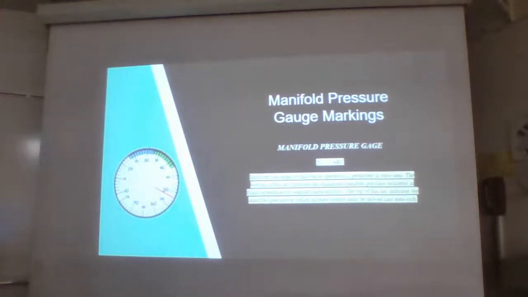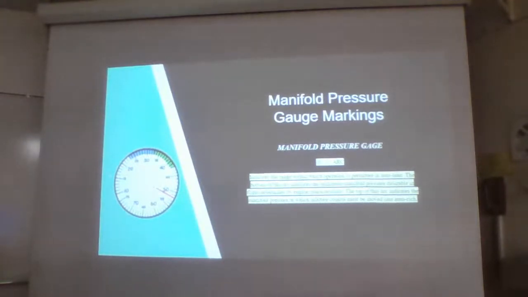The blue means the range within which operation is permitted in auto lean. The bottom of this arc indicates the minimum manifold pressure desirable in flight, determined by engine characteristics. The top of this arc indicates the manifold pressure at which mixture control must be moved into auto rich.